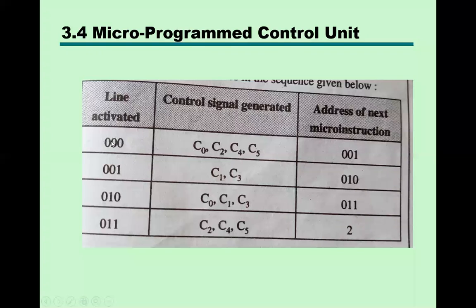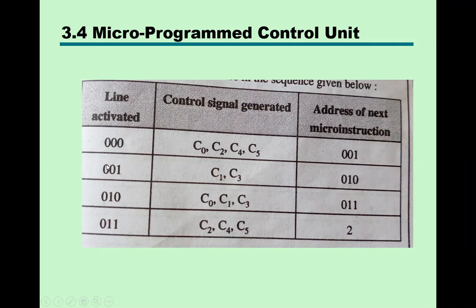And at 000 address, there is one micro instruction. Based on this micro instruction, these lines will be activated, like C0, C2, C4, and C5. After activation, it will move to the next instruction. So the next instruction we get from here is 001.